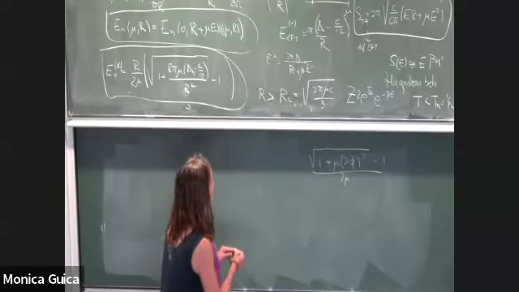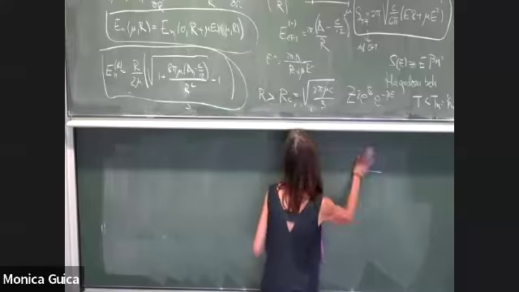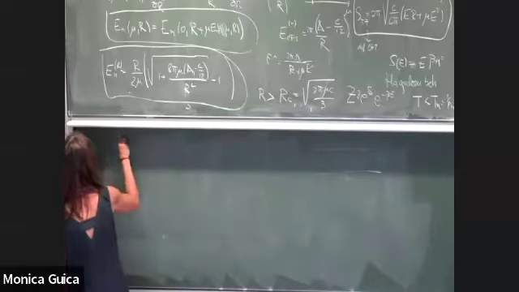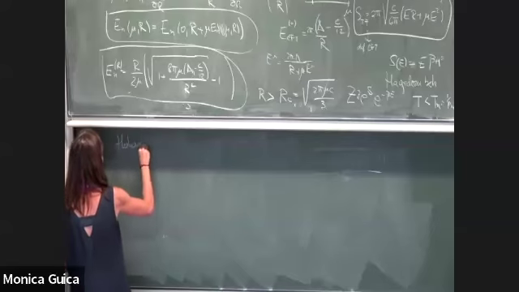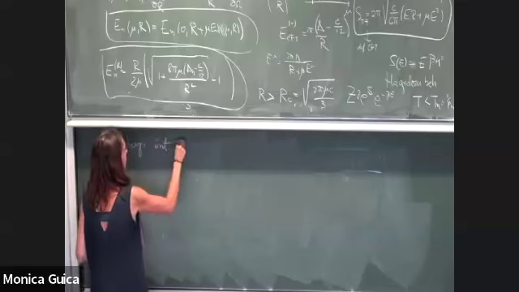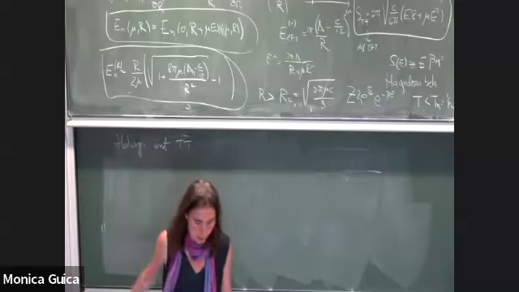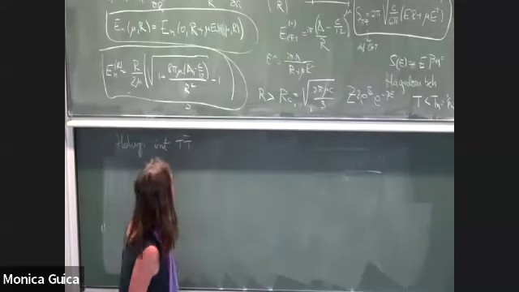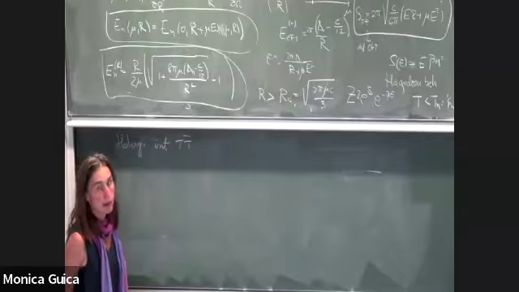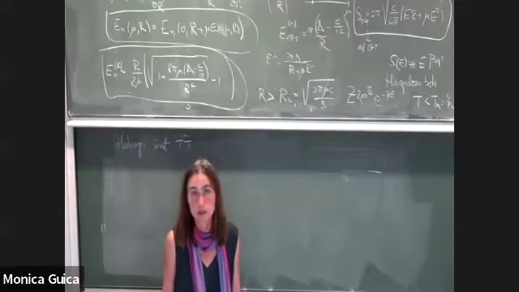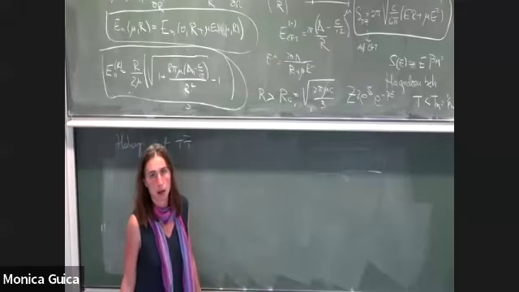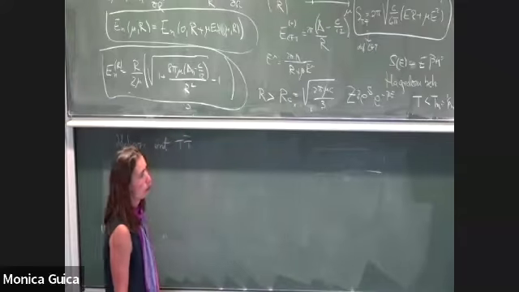Good. So holographic interpretation. As you can see from its construction, TTbar is a double trace deformation in terms of terminology. Why?